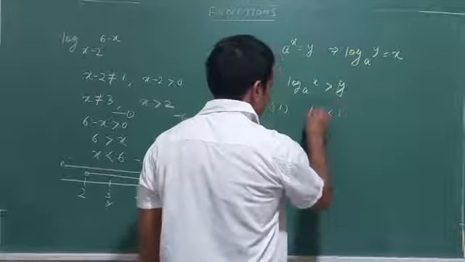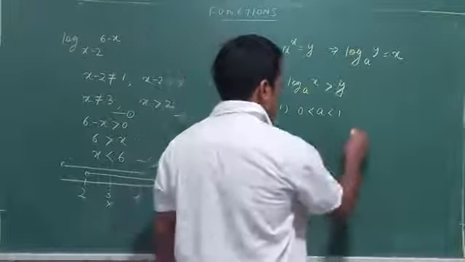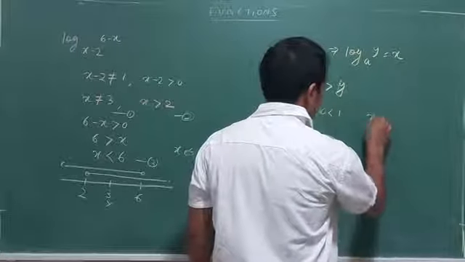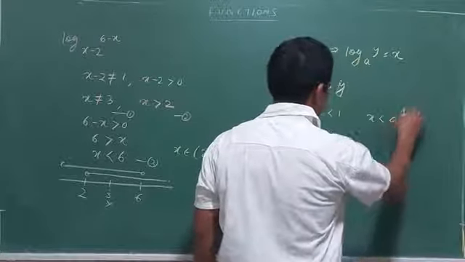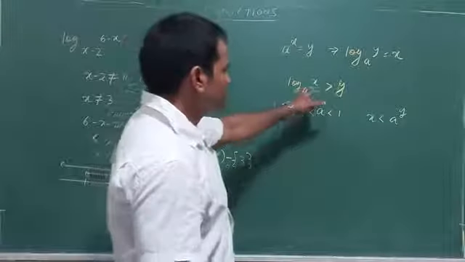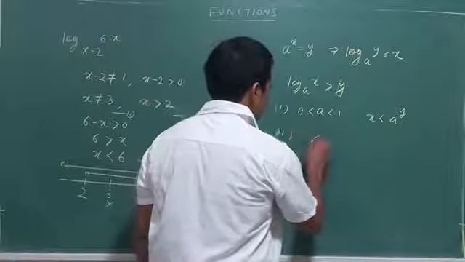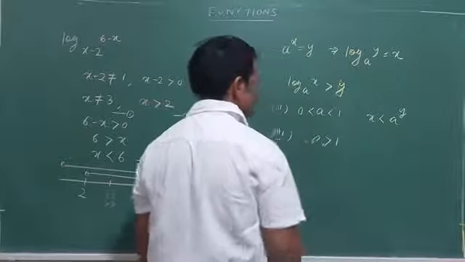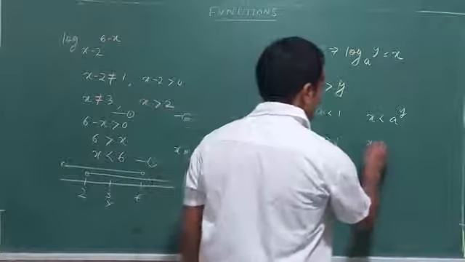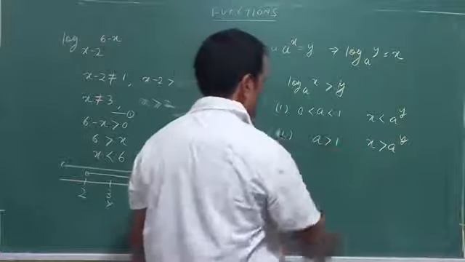If a is less than 1 and greater than 0, first condition, in that case the inequality will change: x is less than a to the power y, here a to the power 5. Second condition, if a is greater than 1, a cannot be equal to 1, if the base is greater than 1, then x will be greater than a to the power 5. I will hold the inequality.